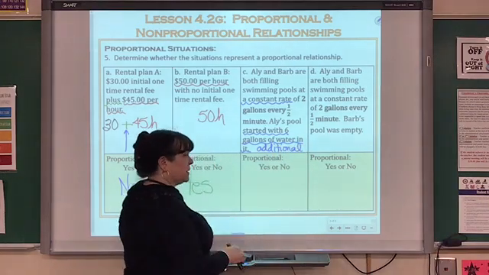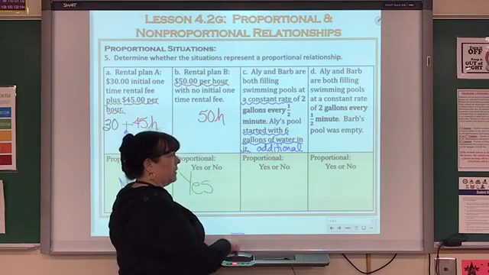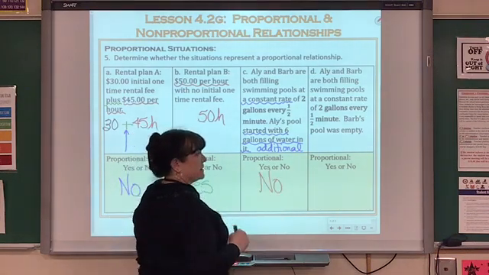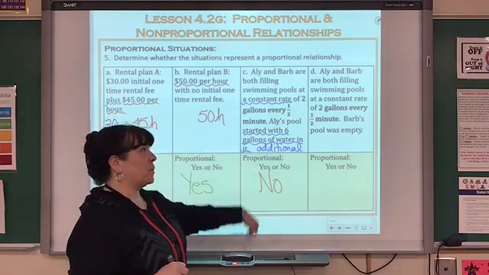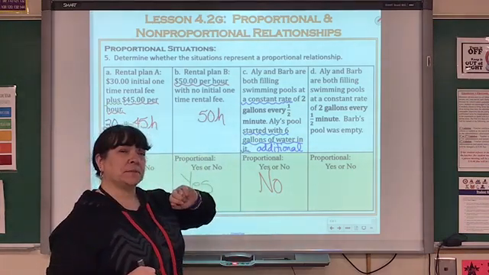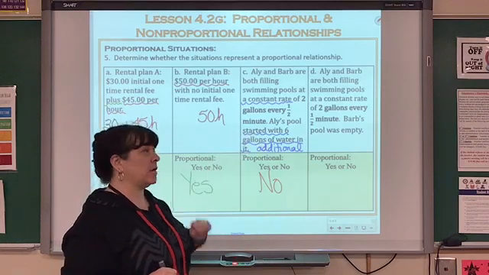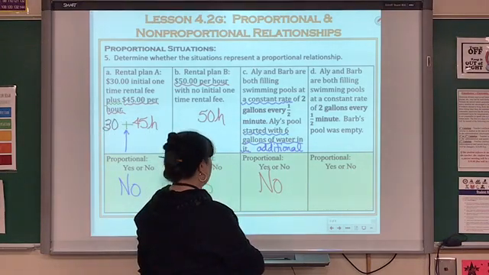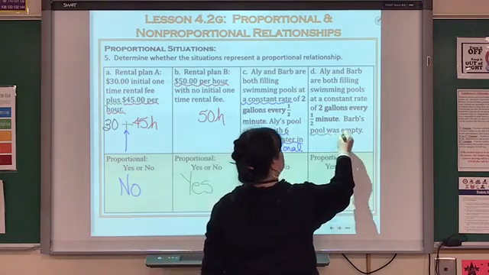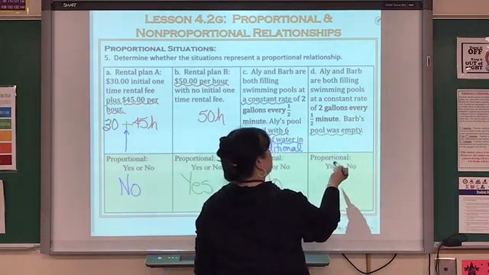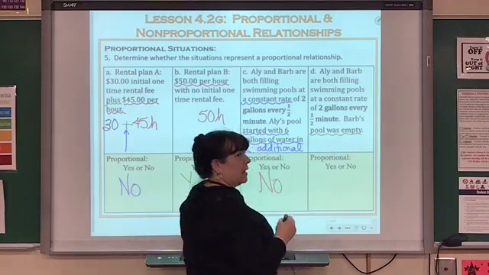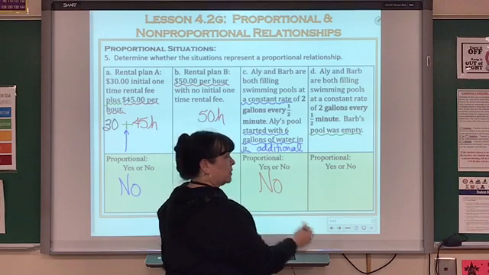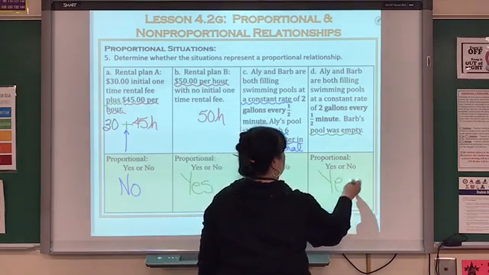And so when she's got an additional amount in there, is that proportional? Oh, heavens no. But if we look at Barb's pool, same information, and it says that Barb's pool was empty. That means there's no extras. And if there are no extras, proportional, yes.